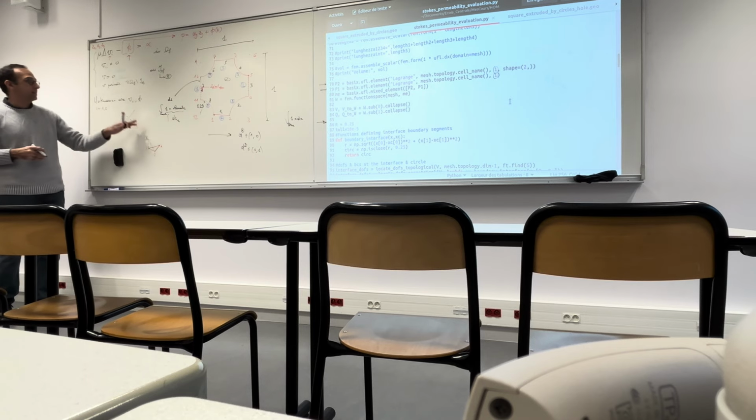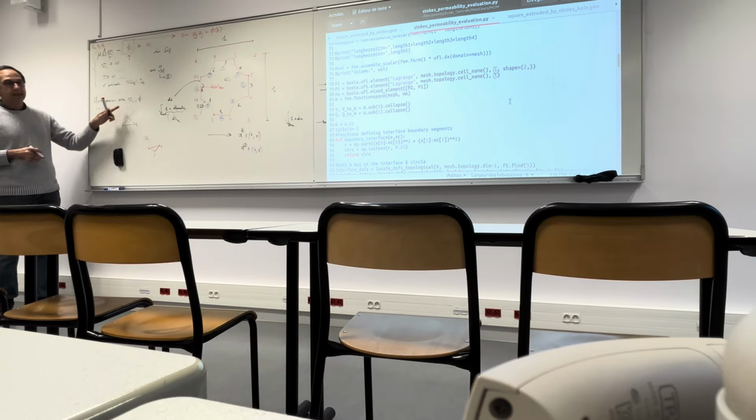In 1D it was a straight line, the generic shape function, and in 2D it is just a plane. So these are both linear functions, but obviously one in 1D and the other in 2D.